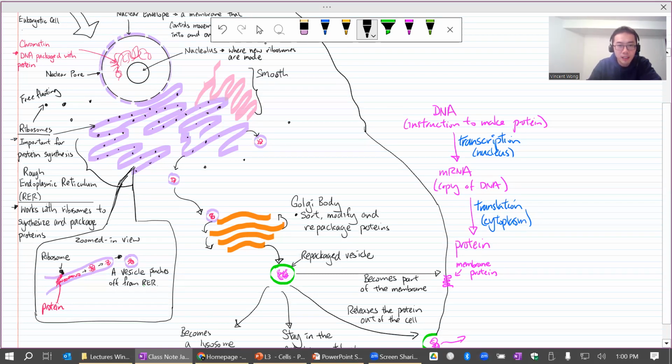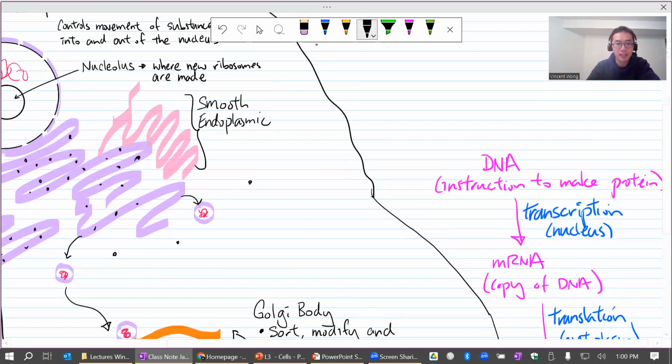That's the smooth endoplasmic reticulum. It's smooth because it doesn't have the ribosomes, so it's not bumpy, it looks smooth. Endoplasmic reticulum, SER.